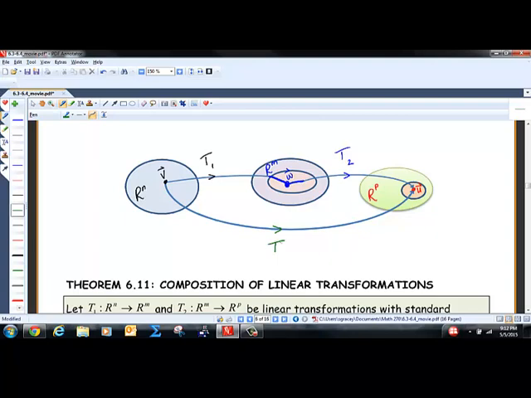And what we've just illustrated here is that T of V is actually T2 composed with T1.